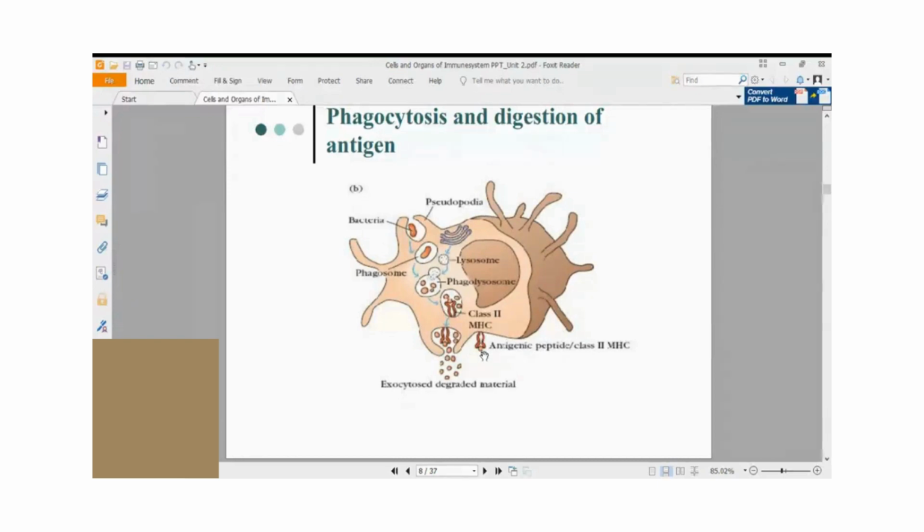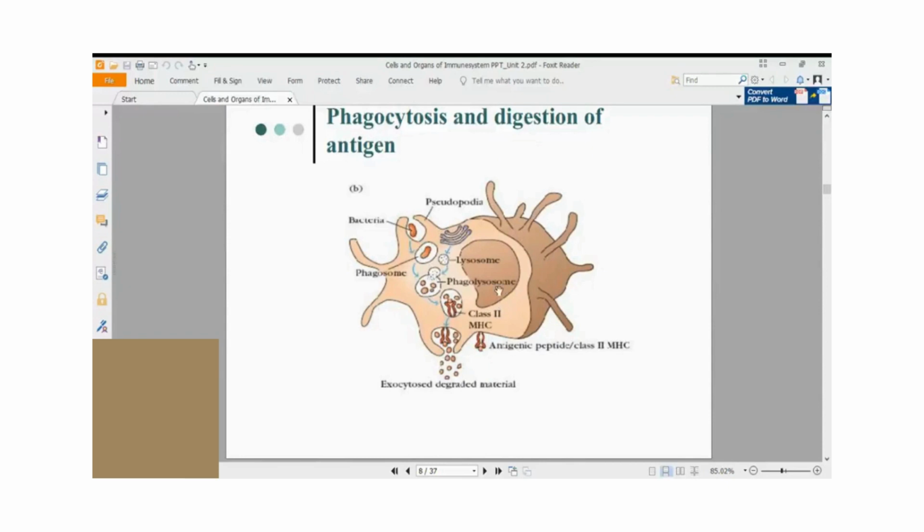When the antigen is presented on class 2 MHC on its surface, it is going to be recognized by the T helper cell. Without the presentation of antigen on class 2, the T helper cell cannot recognize the antigen on its own. The details of this antigen processing and presentation, I will be dealing with in detail in unit 3.